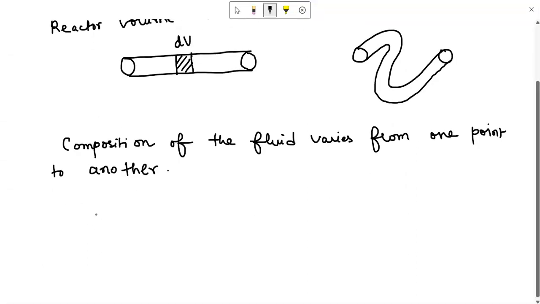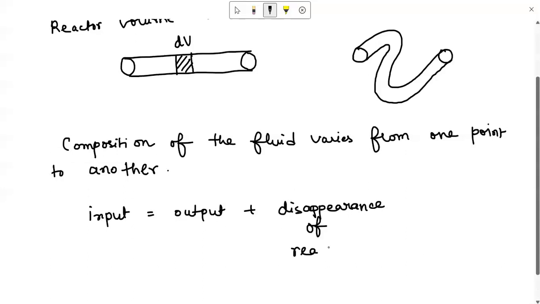So the material balance equation becomes input equals output plus disappearance of reactant. Also there is an accumulation term which is equal to 0 because this is a steady state flow reactor.